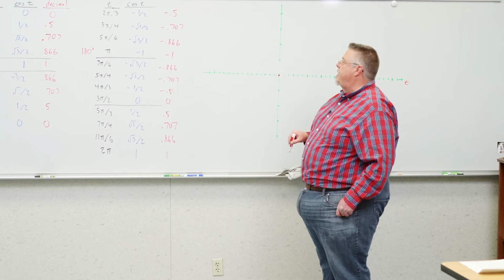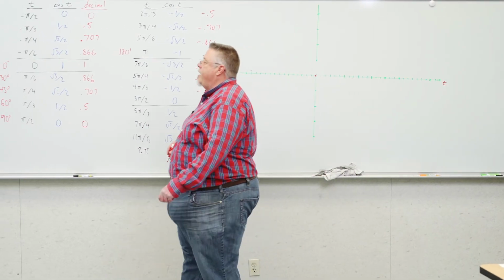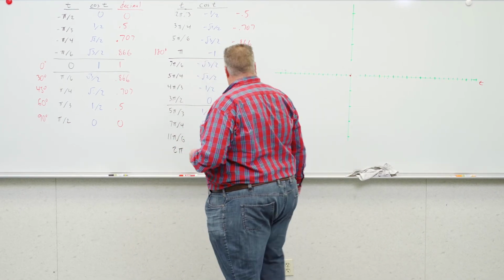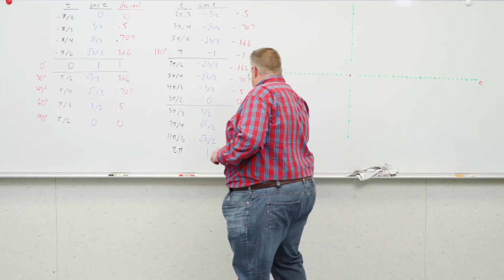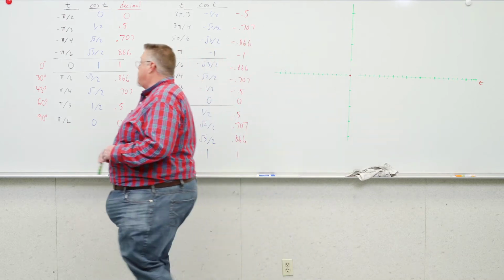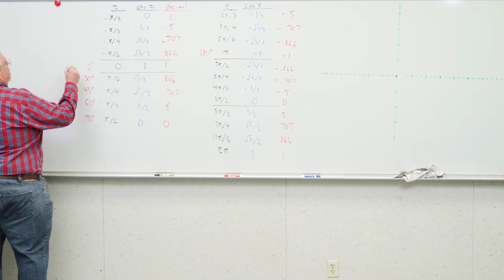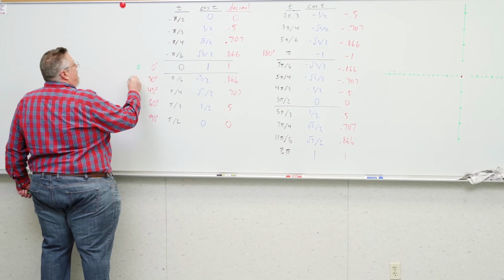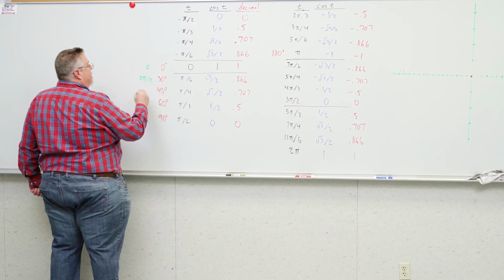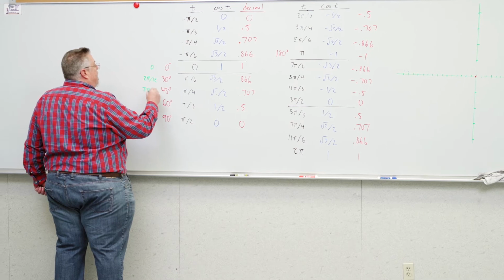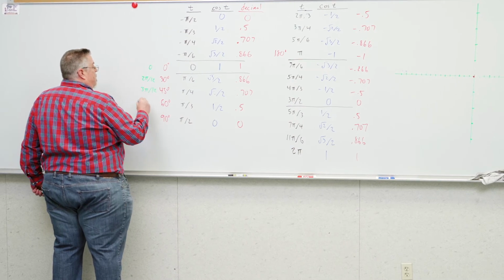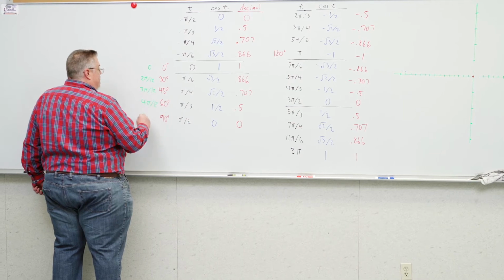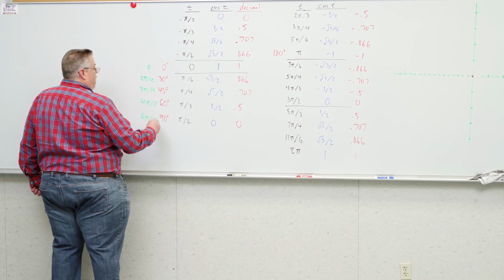Think of every 15 degrees, or pi over 12, if you need to, and I don't think most of you will need to. Just as a reminder, I'm going to number these as 2 pi over 12 to have a common denominator, 3 pi over 12, 4 pi over 12, and then 6 pi over 12.